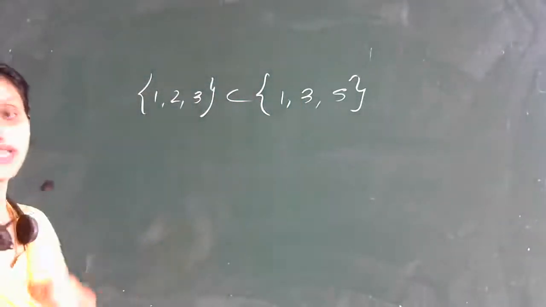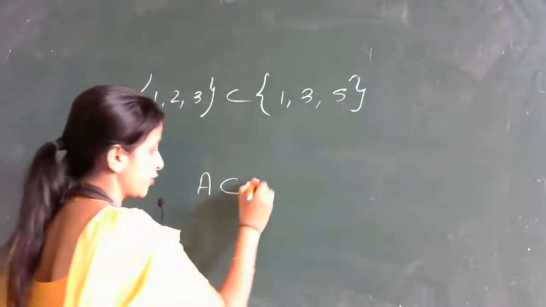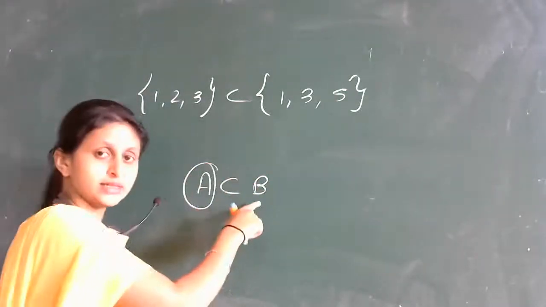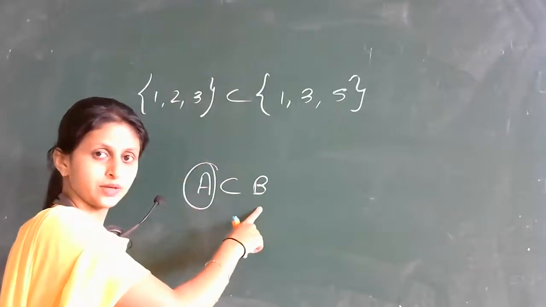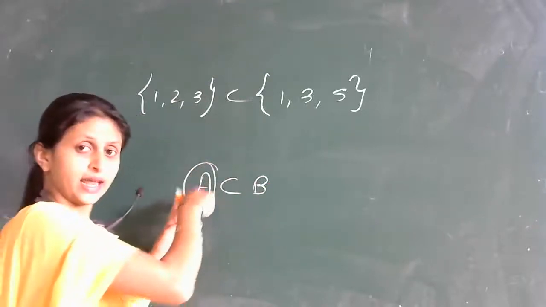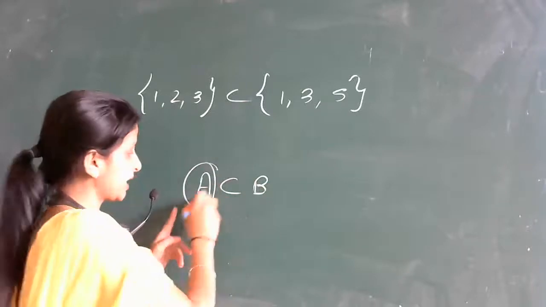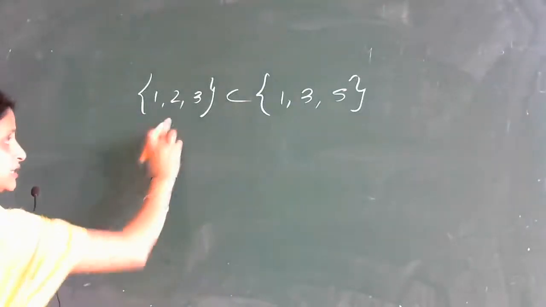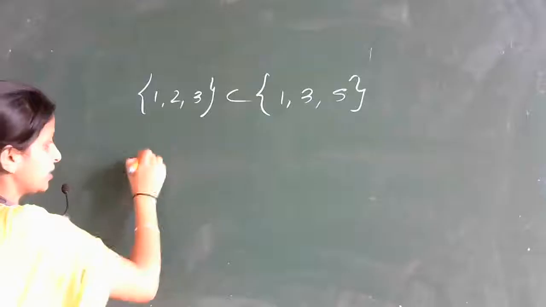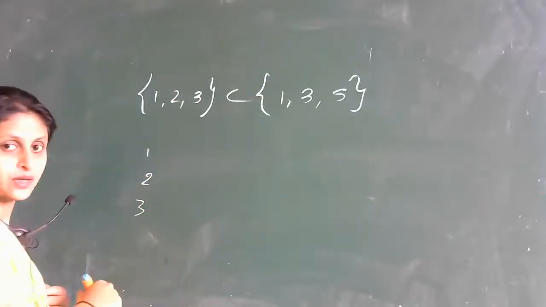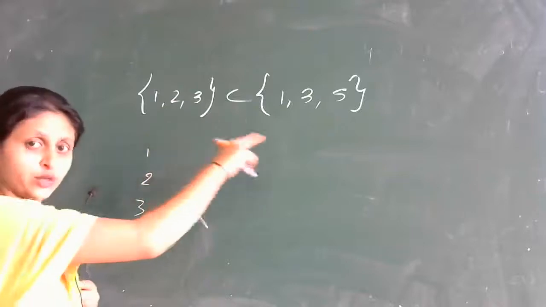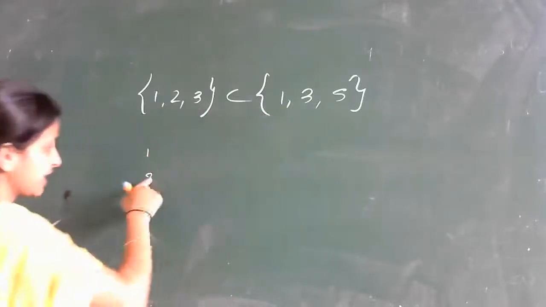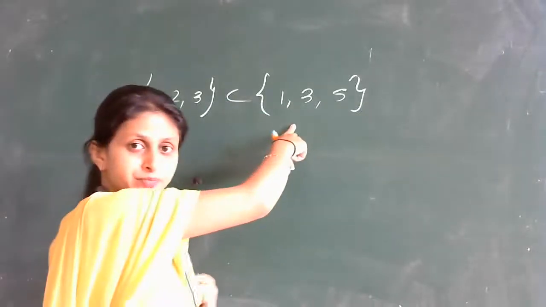Now what is the meaning of subset, students? If A is a subset of B, then every element in set A will be in set B. Right? If every element in set A is in set B, then you say that A is a subset of B. Now observe here. In this first set, we have elements 1, 2 and 3. So for this statement to be true, means for this set to be a subset of this set, these 3 elements should be in this set, right?